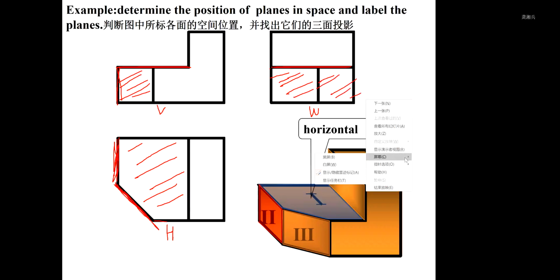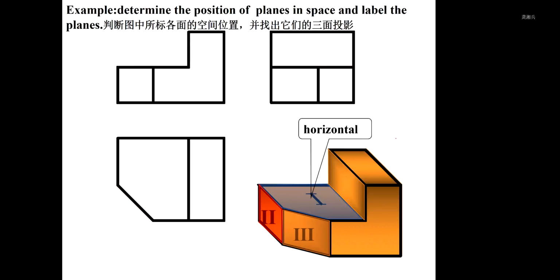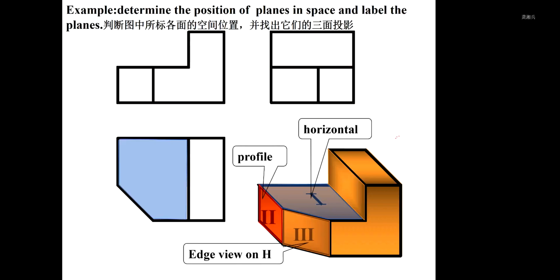I can show you in the picture. Profile plane, H plane. So this is plane 1 here, this is plane 2 here, and this is plane 3 here. You can find this shape is a combination of planes and lines.